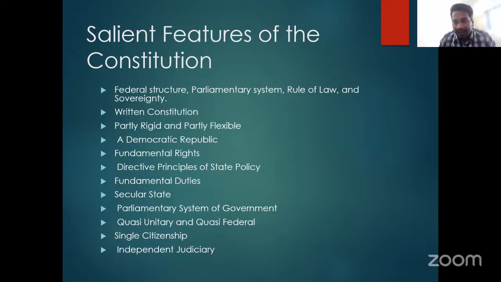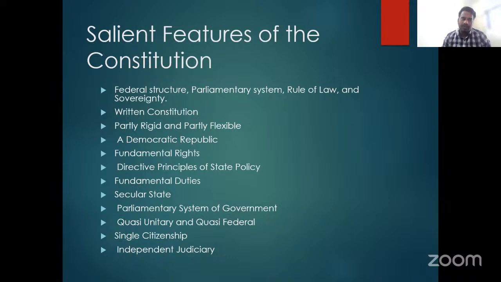The fundamental rights are in Part 3 of the Constitution, and Articles 12 to 31 all deal with fundamental rights. Originally we had 7 categories of rights, and then we removed the right to property through the 44th Constitutional Amendment Act in 1978.